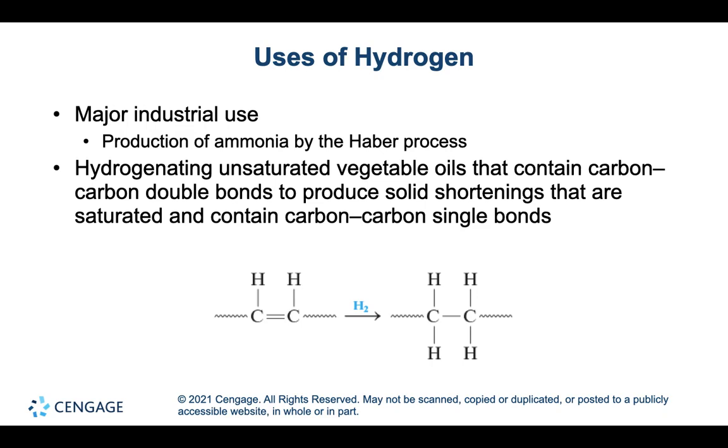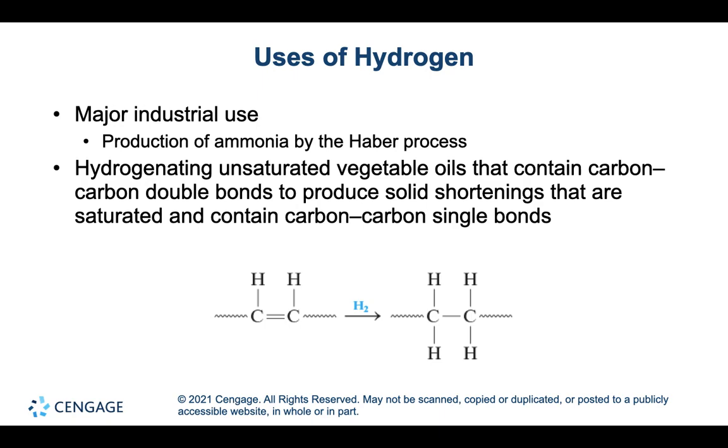Another method of using hydrogen is to hydrogenate oils. Check your margarine tub, and you're going to find it contains hydrogenated vegetable oil or some other form of hydrogenated oil. Oils tend to be unsaturated because oils are those liquid fats. They're liquid because of their unsaturation, because of their double bonding.